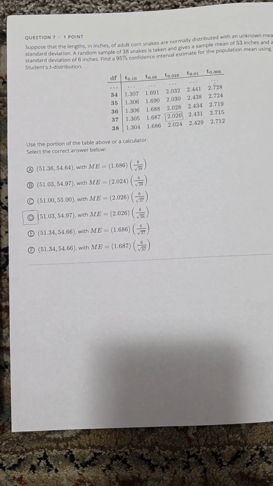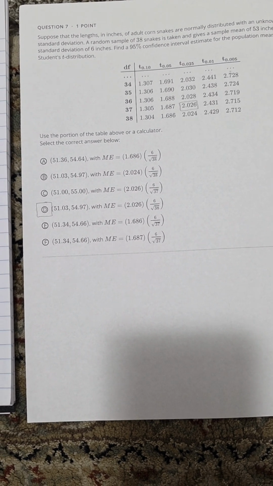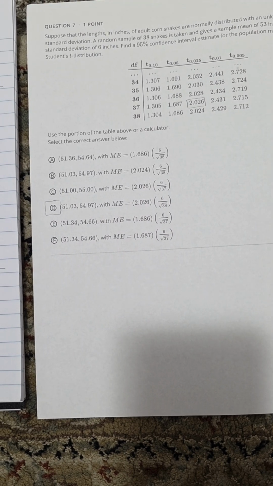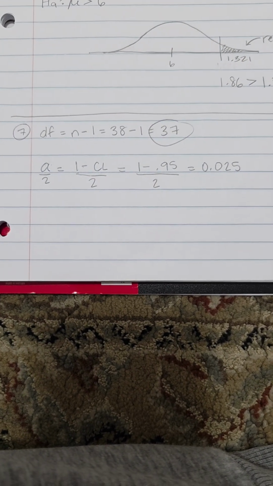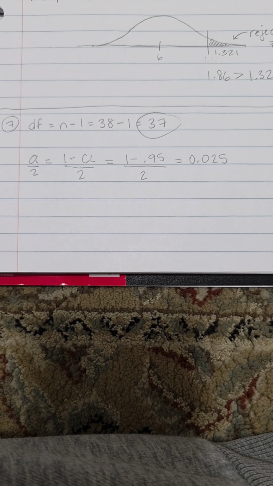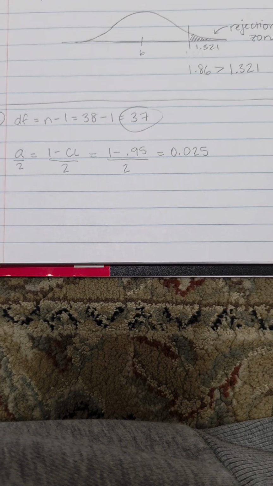Then for question 7, we need to find a 95% confidence interval estimate for the population mean using the student's t-distribution. For this, I found the degrees of freedom, which was n minus 1 equals 38 minus 1, which is 37. So there's 37 degrees of freedom.